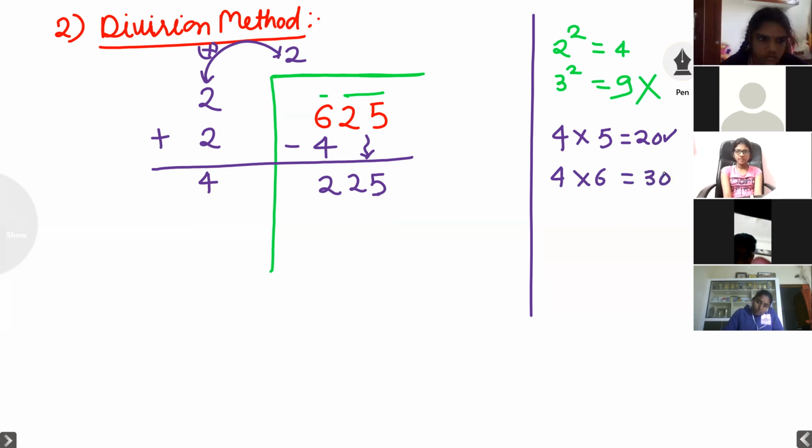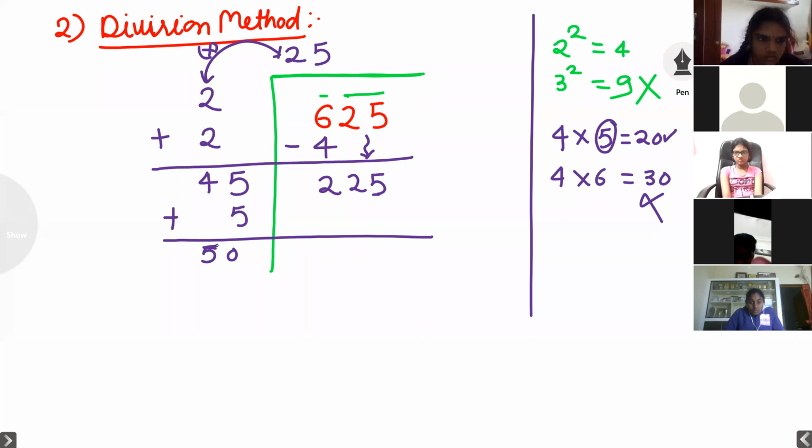But the number is 22. The second one we can't take, we can take only 5. Again, how many places will I write 5? 3 places. 5 is here, 5 is up, 5 is down. Again, plus here, 50. Again, multiplication.